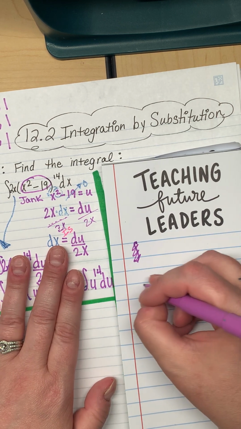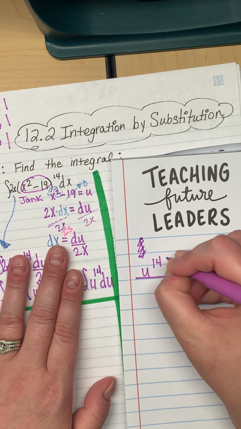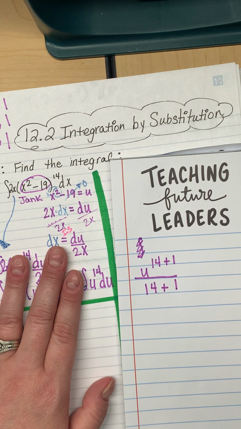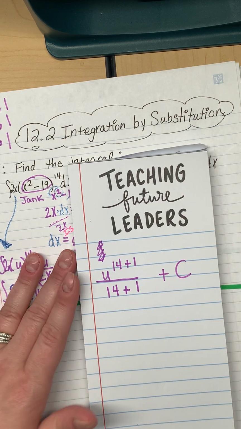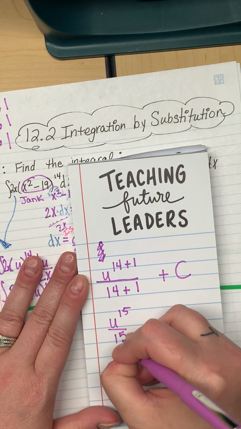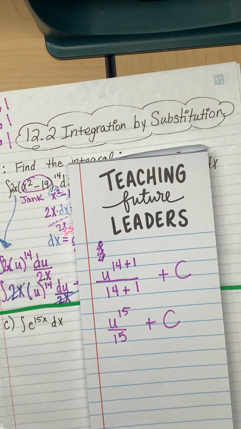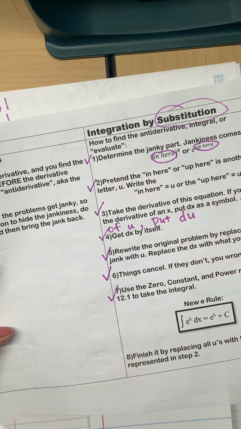So I just go to, okay, I'm going to do u to the exponent plus 1 all over the exponent plus 1. And then, of course, there's a plus c. So this will give me u to the 15 over 15 plus c. Okay, let's see. So we just did step 7.